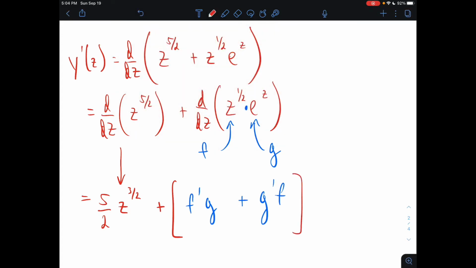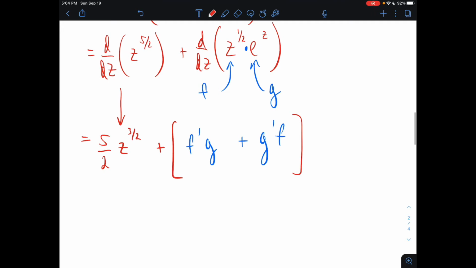So in that case, what that means with the functions that we have called f and g, f prime is just the derivative of z to the 1/2, which is 1/2 z to the negative 1/2. We drop the power 1/2 down, and then we subtract the power by 1.